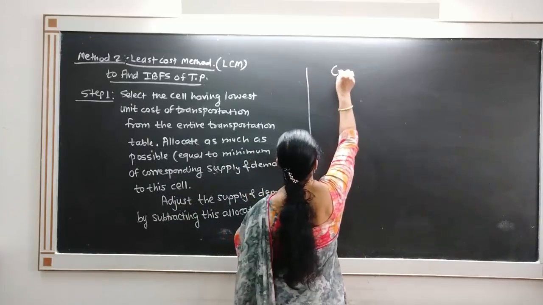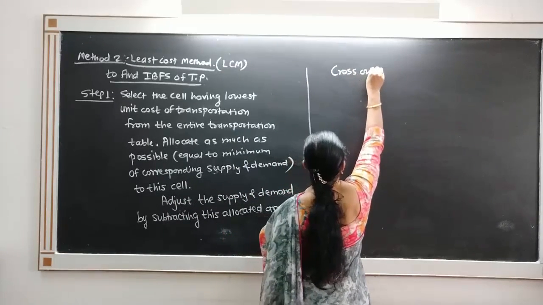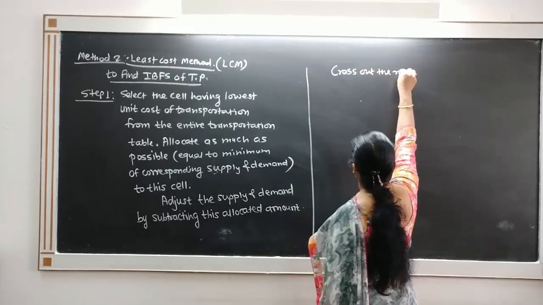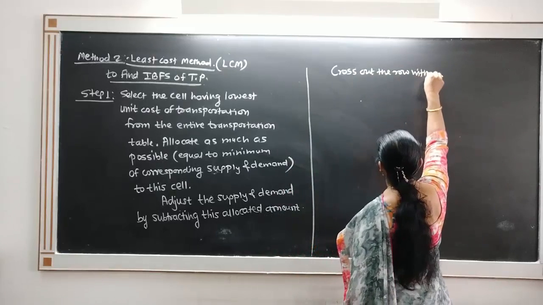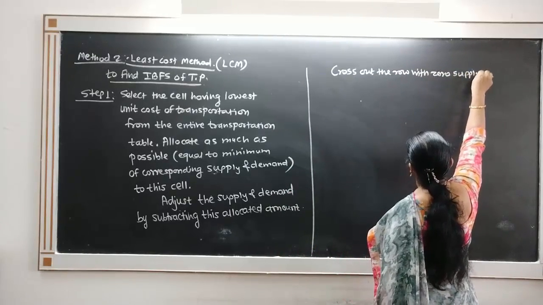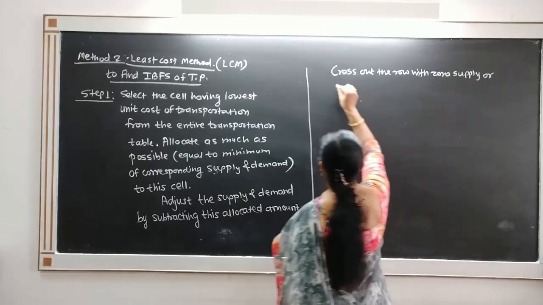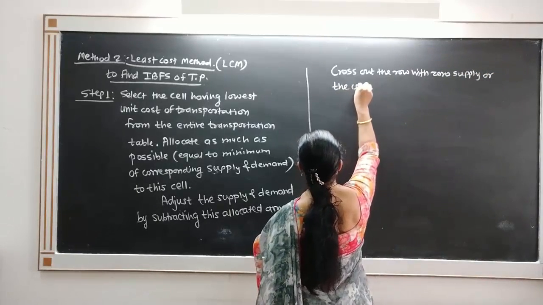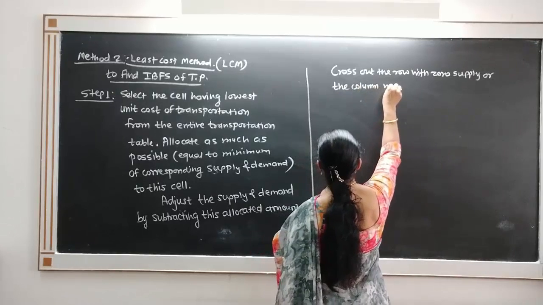Cross out the row with zero supply or the column with zero demand.